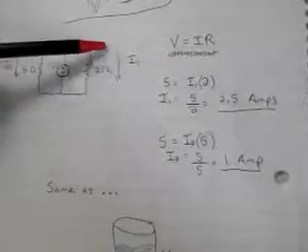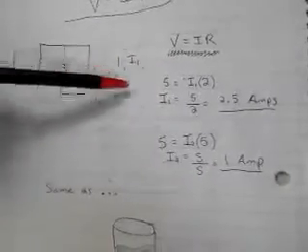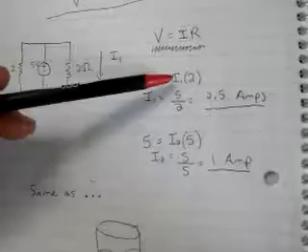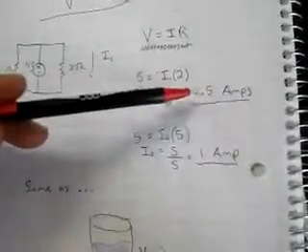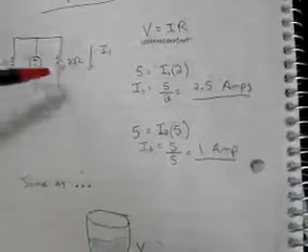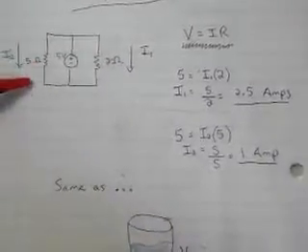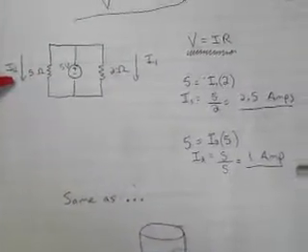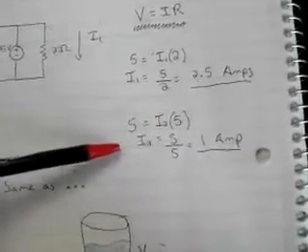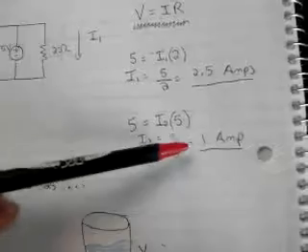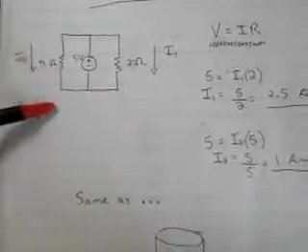So back to V equals IR. For the current flowing through our 2 ohm resistor, we've got 5 equals I1 times 2. I1 equals 5 over 2, gives us 2.5 amps flowing through this guy. And for the other current flowing through this one, you've got 5 equals I2 times 5. I2 equals 5 over 5, 1 amp flowing through this guy.